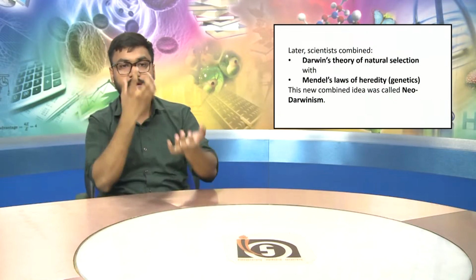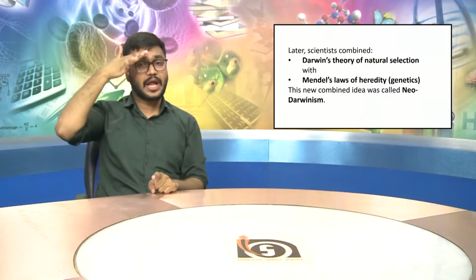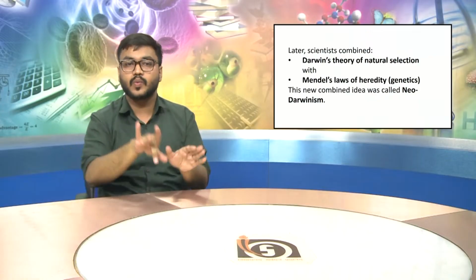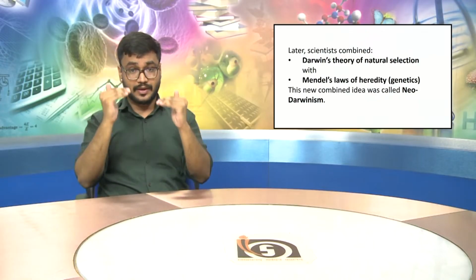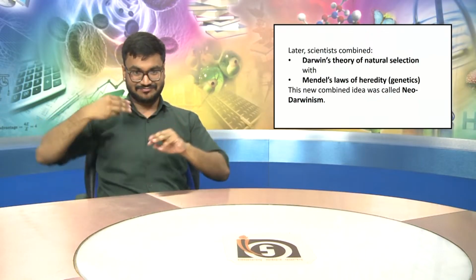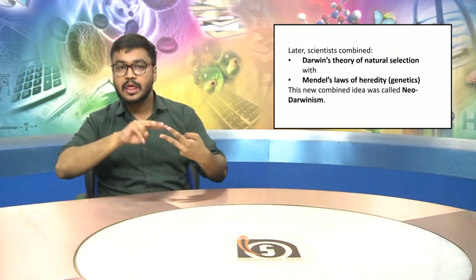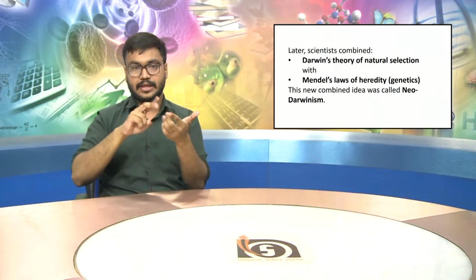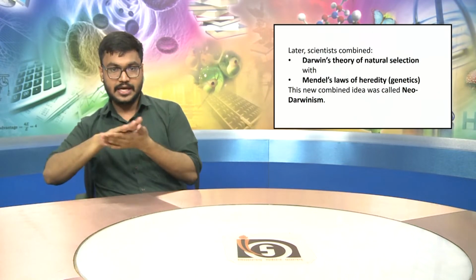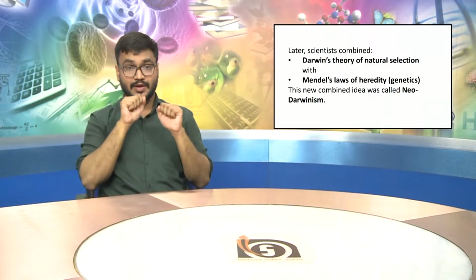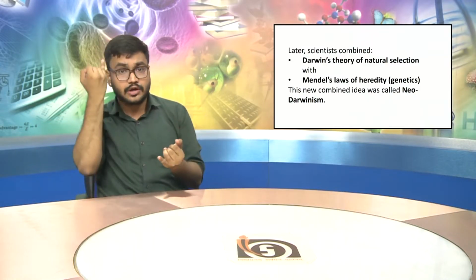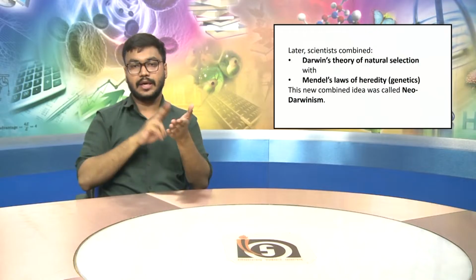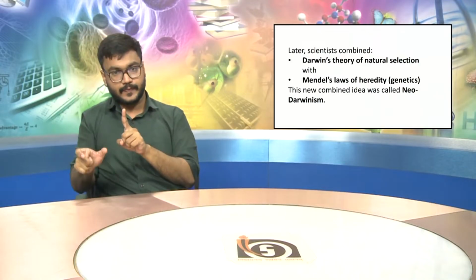Later, scientists combined Darwin's theory of natural selection with Mendel's law of heredity, or we can say Mendel's law of genetics, and this new combined idea was called Neo-Darwinism. Let's take a short break.